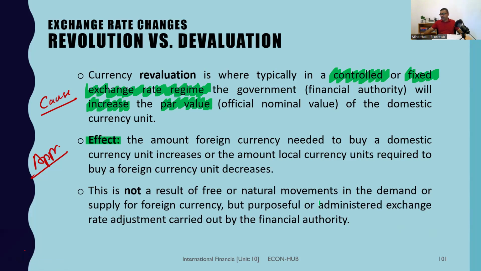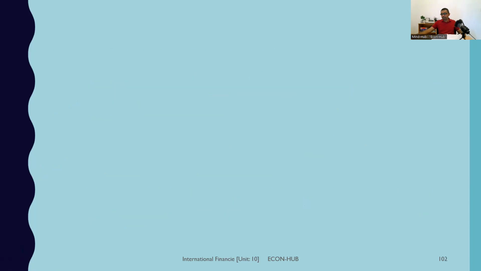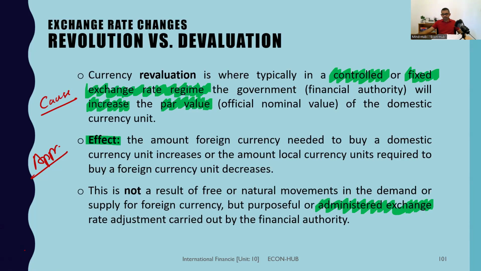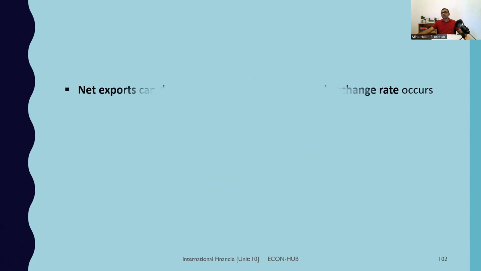We say administered exchange rate adjustment carried out by the financial authority. Are we clear? Any questions? Okay, we are clear on the conceptual difference.